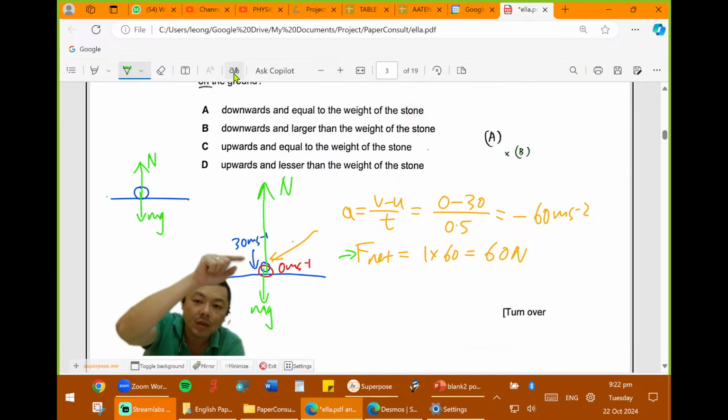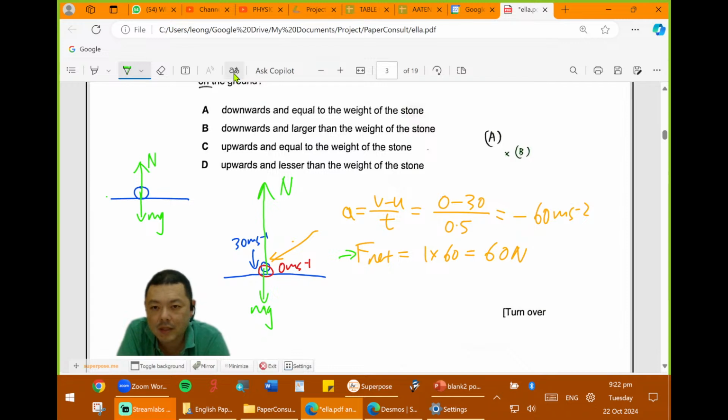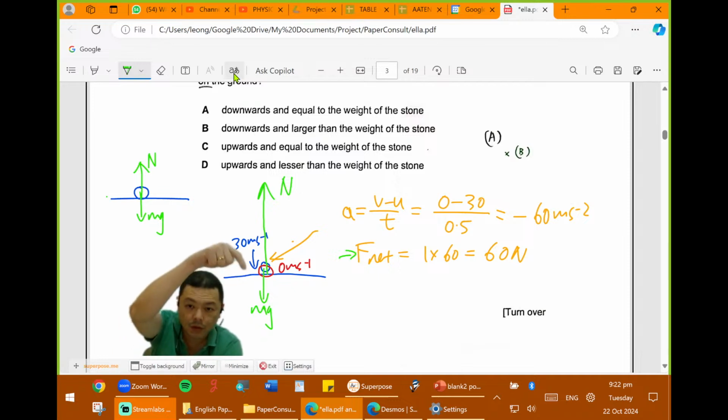Okay, so where's the initial velocity pointing? This one, downwards, right? Okay, what's the final velocity? The final velocity is zero, right? So while this stone is coming to rest, where should the acceleration point?